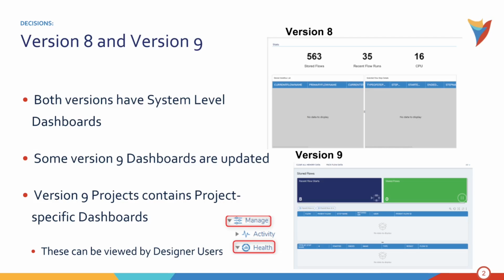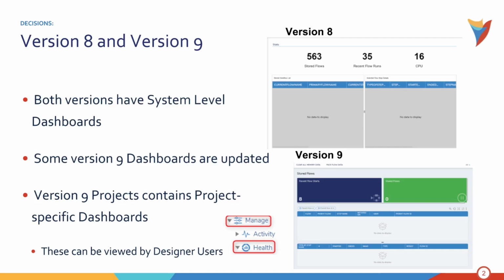So you may actually be able to open up a project, expand the manage folder, and find more information on the project level for specific items. Things like project health will show you the health of that specific project and details on that, and some of the other things that we'll be showing may also have an associated dashboard in the project section.